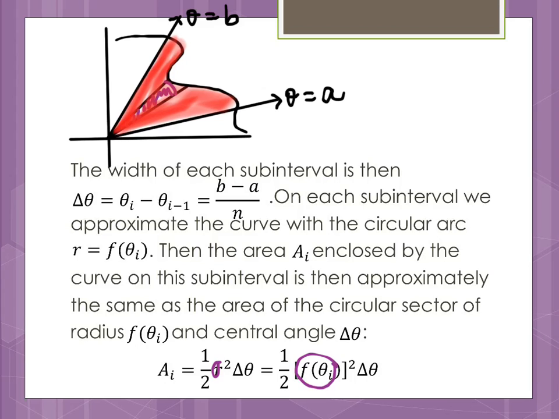So 1/2 r squared delta theta, and then 1/2 f of theta sub i squared delta theta, because r and f of theta sub i are being calculated using the same measurement right here. r is f of theta sub i.